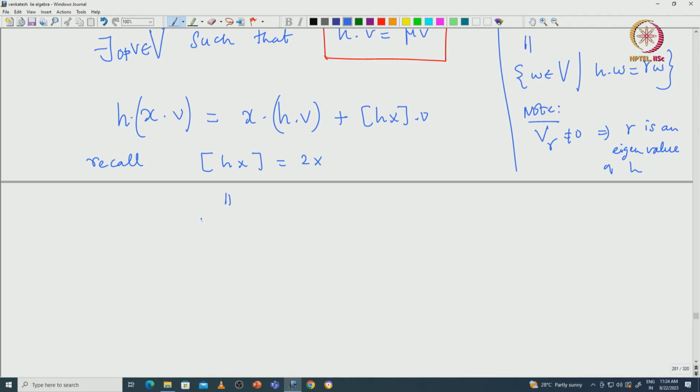The bracket [h, x] can be written as hx minus xh, so whenever you commute these two actions you get 2x as the error term.